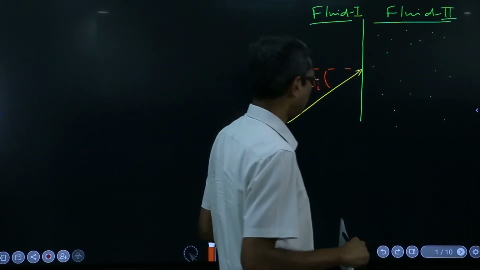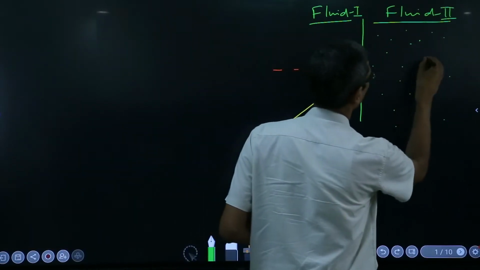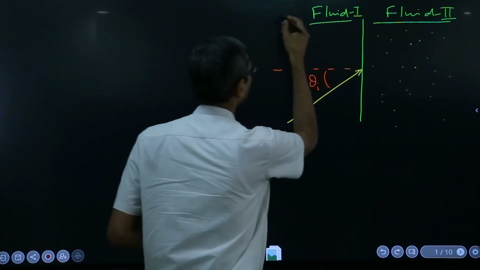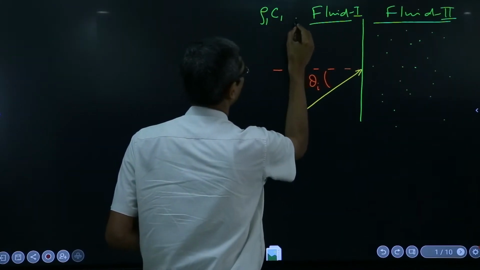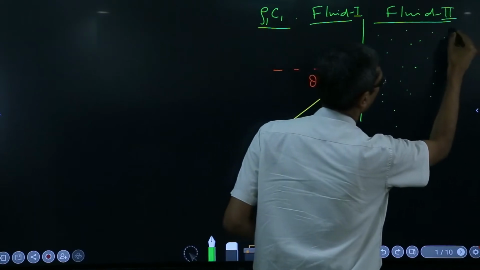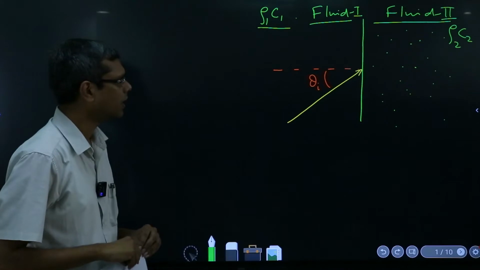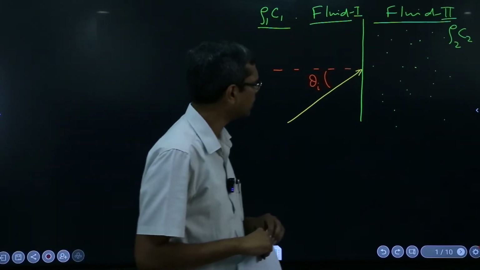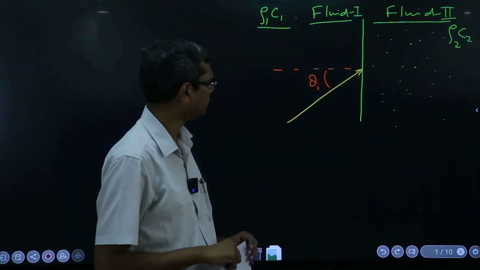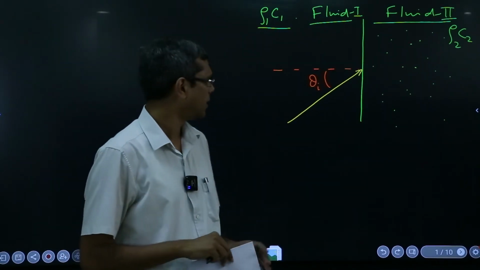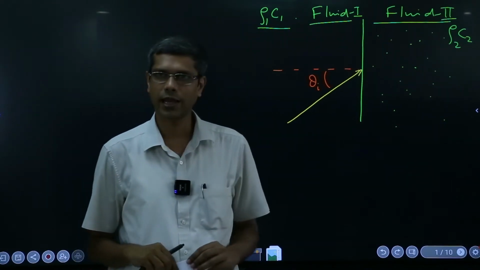Earlier this theta was 0, whatever we discussed till now. Let me write here that these are rho 1 C1 and these are rho 2 C2. And as you did for optics, in this case also the angle of incidence is equal to the angle of reflection.